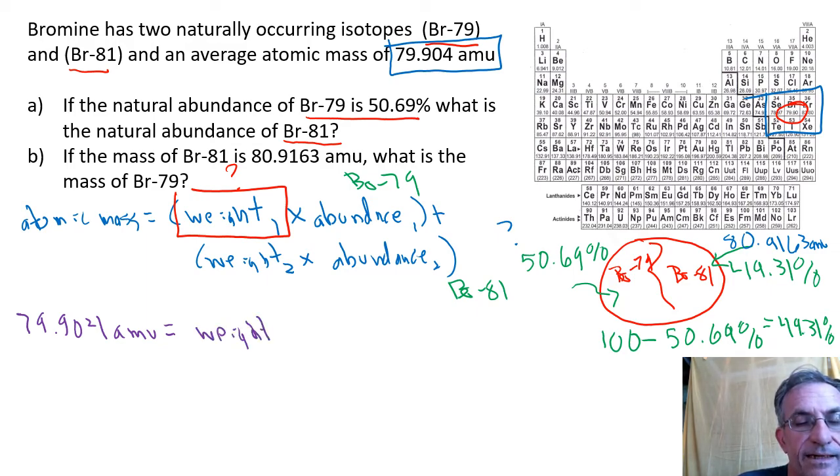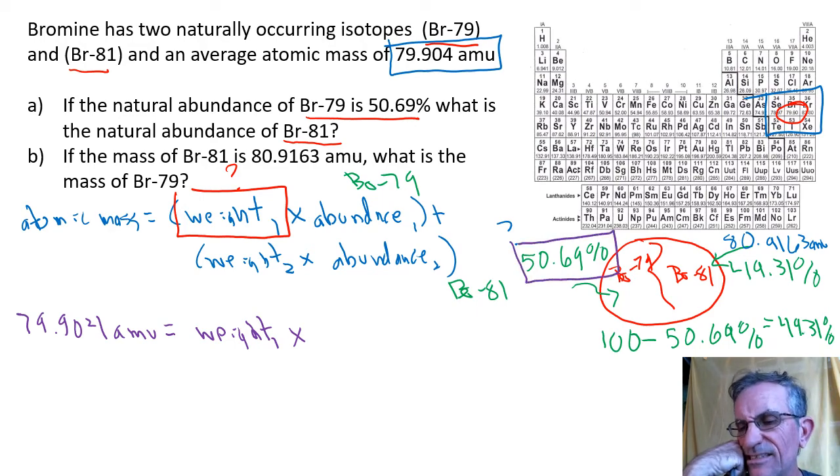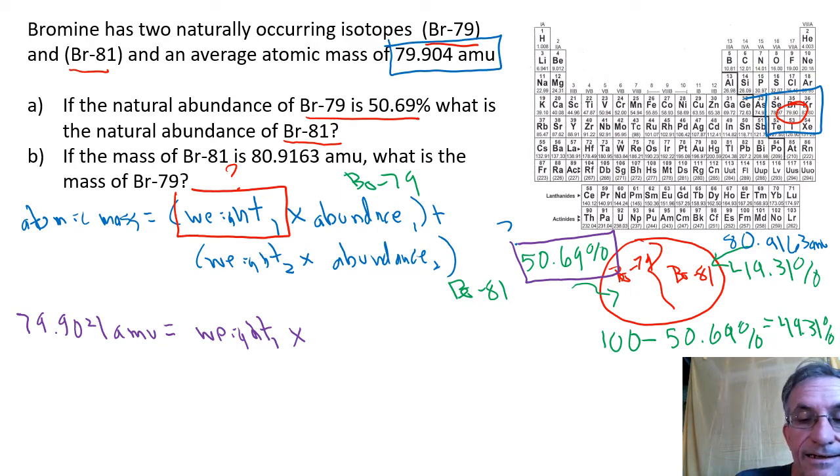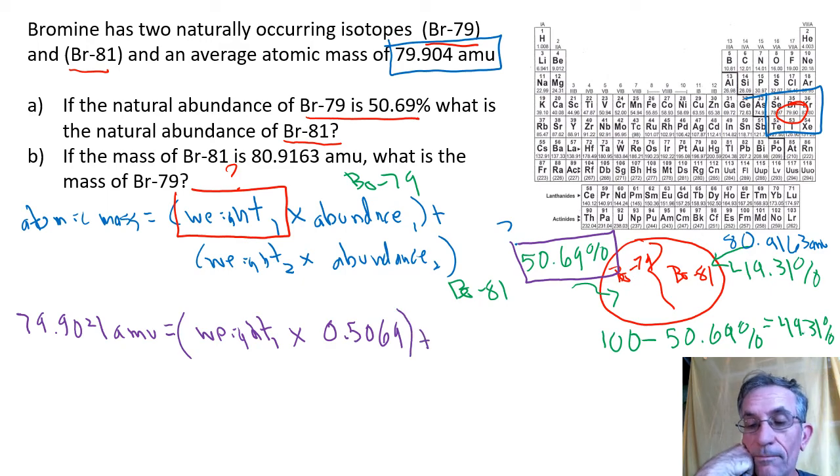We're solving for that. But I do know its abundance. The amount of bromine 79 in the world is about 50%. Now, again, I have to make that a decimal number, so you don't want to put in 50.69%. You should be putting in 0.5069, okay?